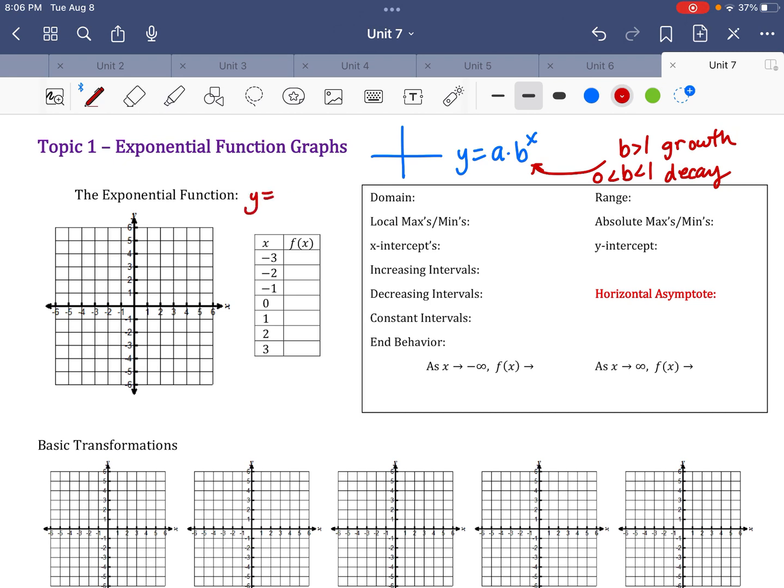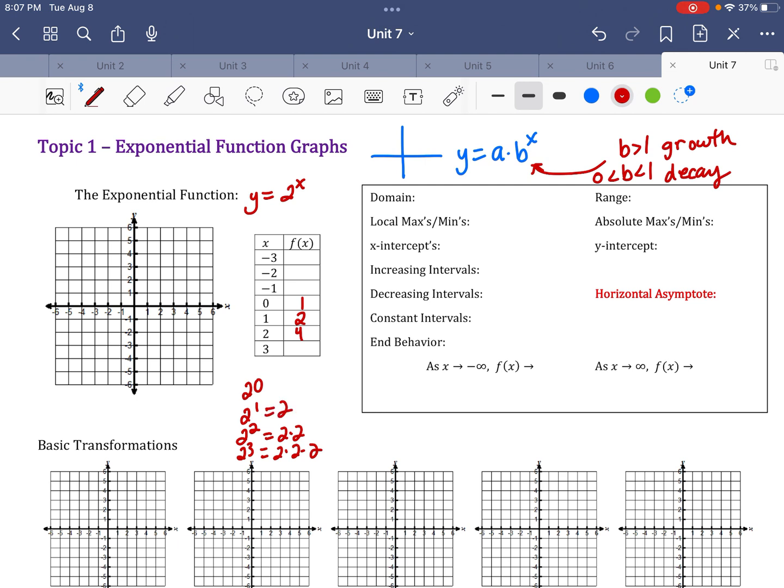Because imagine a problem like this. Let's say we have an exponential function of y equals 2 to the x, a basic one. If I put in 0, 2 to the 0 is 1. If I put a 1, 2 to the 1 is 2. If I put a 2, that's 2 times 2, which is 4. And if I put a 3, that would be 2 times 2 times 2.